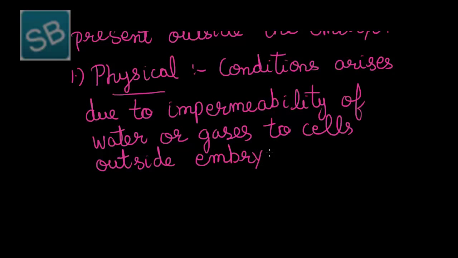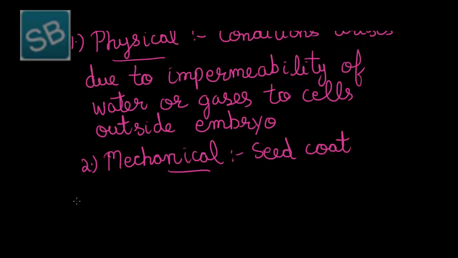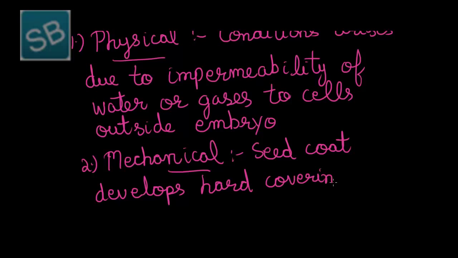Second condition is known as mechanical exogenous. In mechanical exogenous dormancy, the seed coat develops a hard covering around the seed, due to which a dormancy state arises.